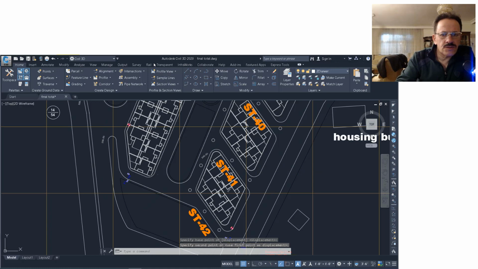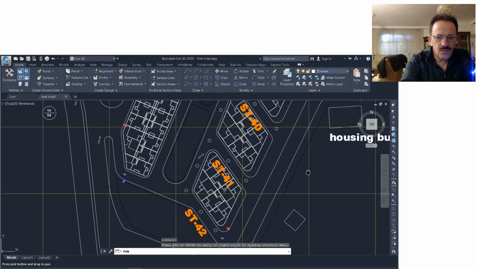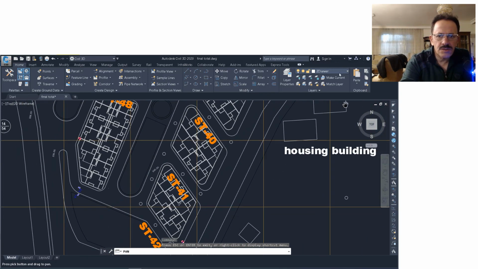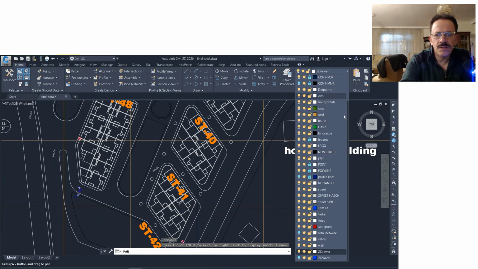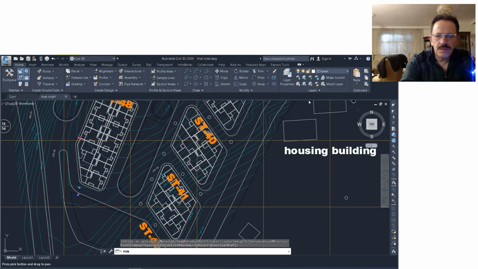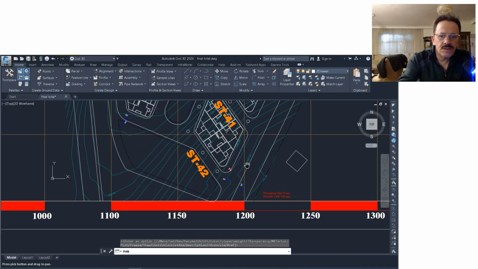Now, first of all, these are the manholes, so you have to number them. The flow direction is very important. You have to check the direction. As we know, we have the layer called profile or the plan. Here's the contour line, and you can check the contour line. I will use a layer. Yeah, this is the layer of the contour lines. You can check easily, and you have the dimensions.